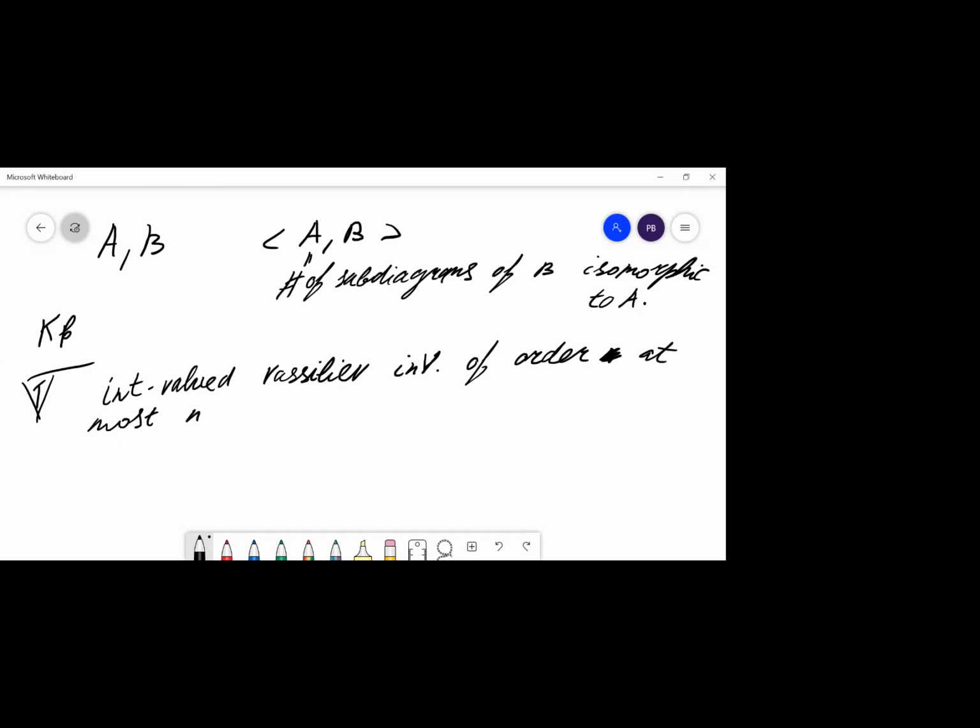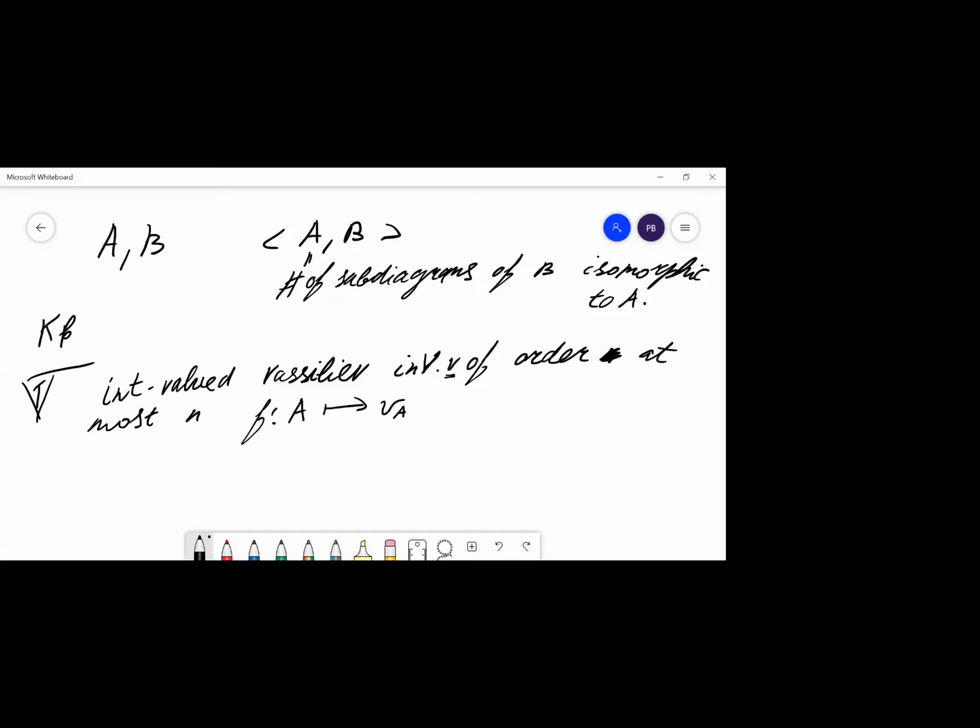We can have an integer function on clasp diagrams, taking A to V on A, let's call it V_F. This function, first of all, vanishes on the diagrams with more than n chords.